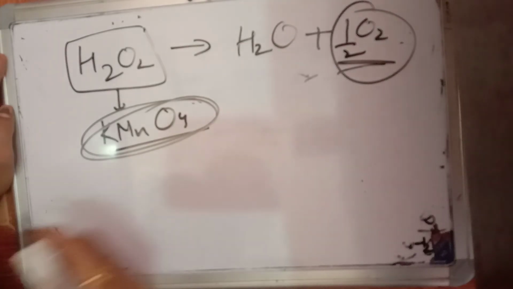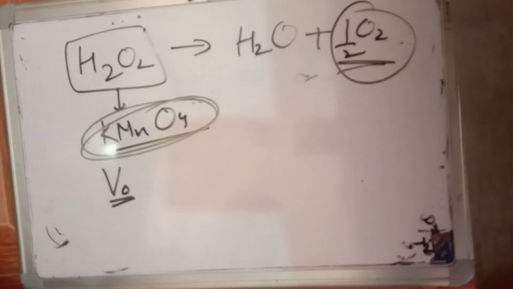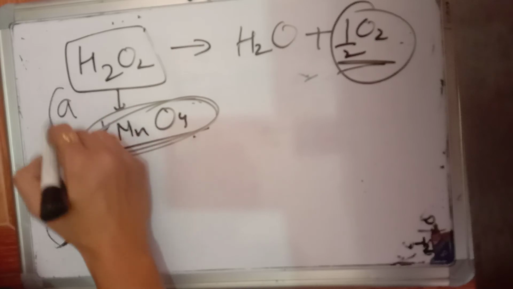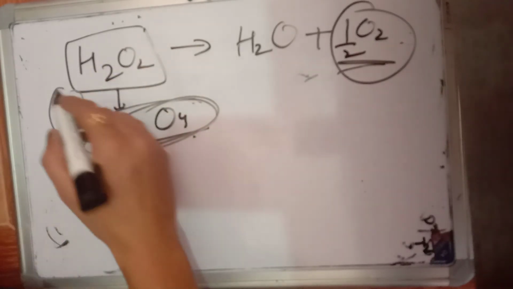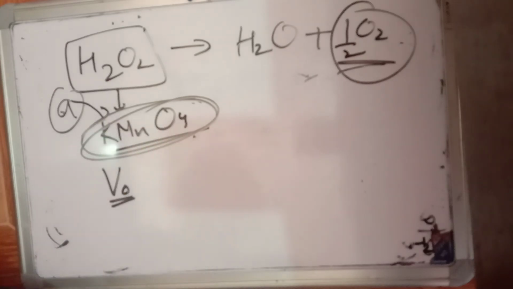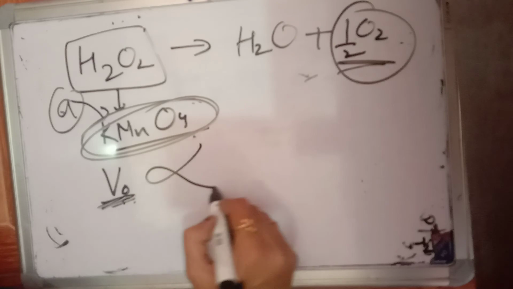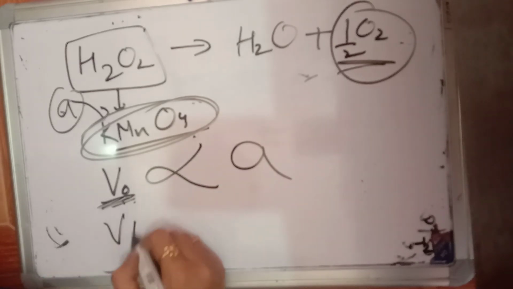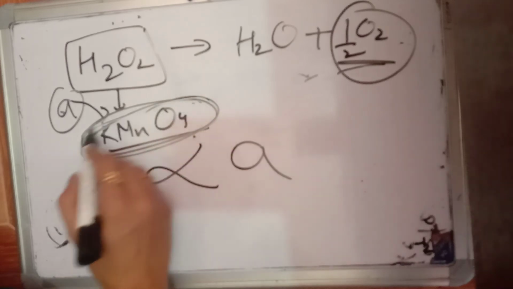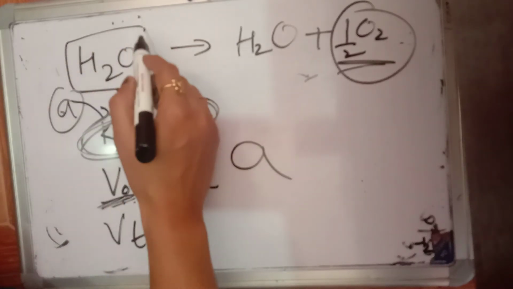V naught is the amount of KMnO4 used at time 0, initially. Initially a amount of H2O2 is present, and this will be titrated against KMnO4. So V naught, the volume of KMnO4 at time 0, will be proportional to our a. And Vt, the volume of KMnO4 at any time t, will be proportional to the amount of H2O2 present.